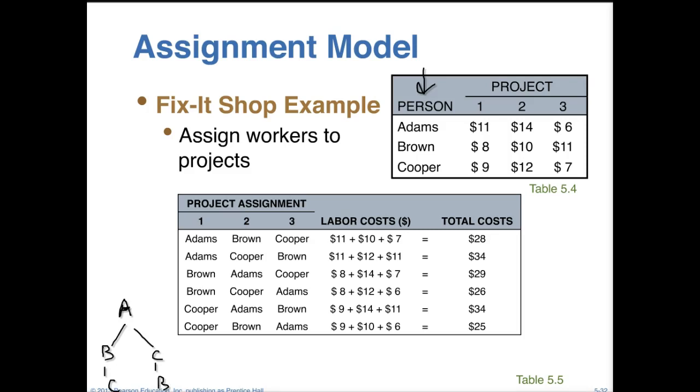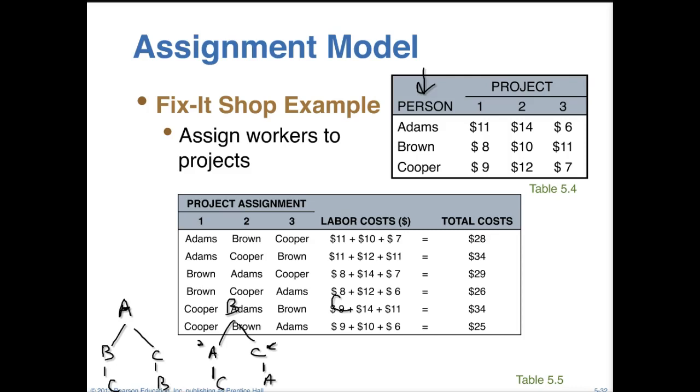If we let Brown do project 1, then of course you can let Adams do project 2, or you could let Cooper do project 2. Then if you chose Adams doing project 2, then of course Cooper does project 3 here. If you chose Cooper to do project 2, then Adams has to do project 3.